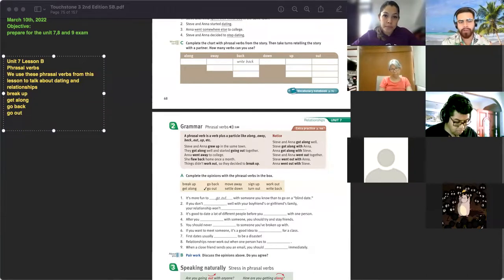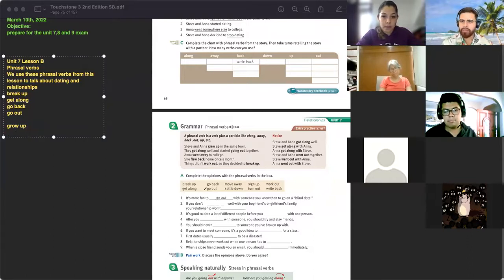One important verb that is extremely common in English is "grow up." Adriana Camacho, what is the past of "grow up?"